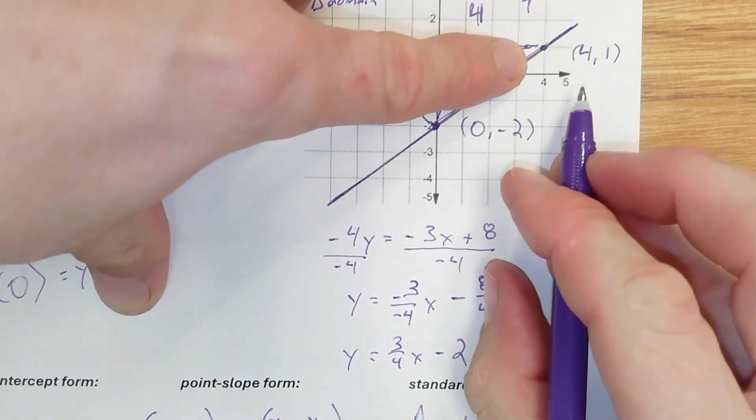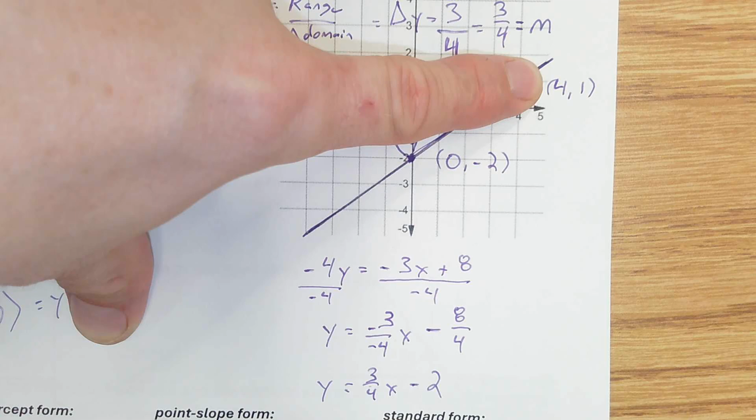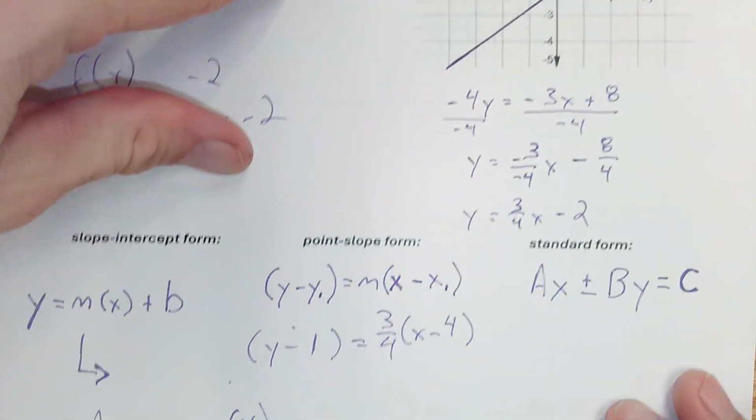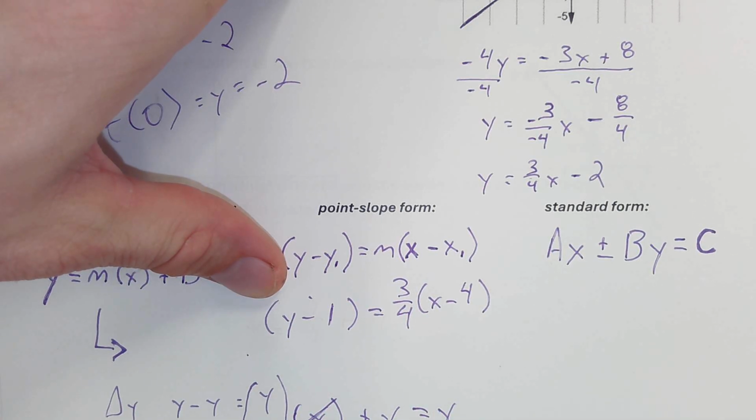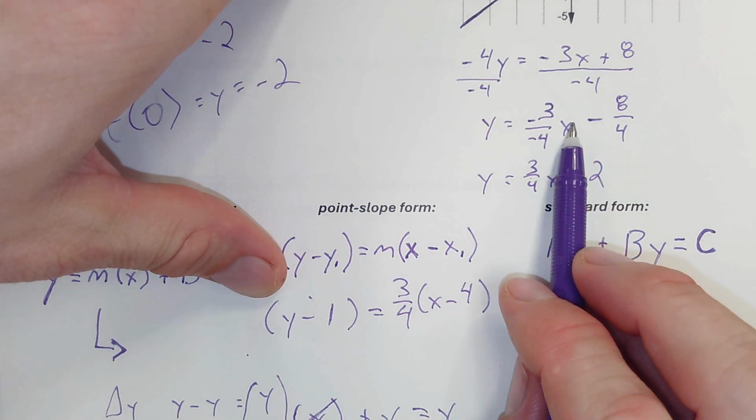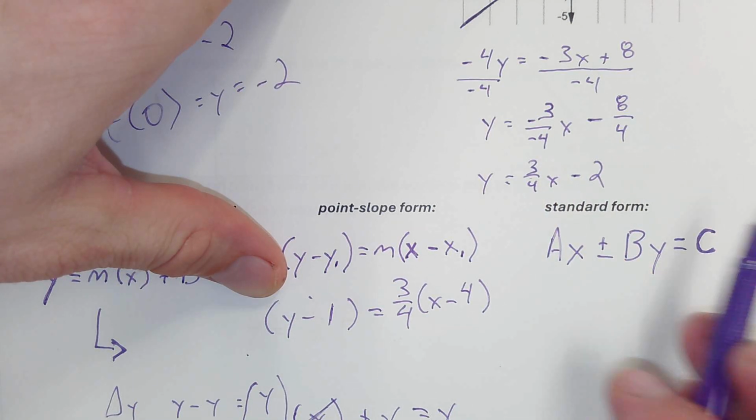And then my y value is going to be 1. Okay? And that'll work out for my point slope form. So if I were to rearrange this and solve for y, I would get this equation right here.